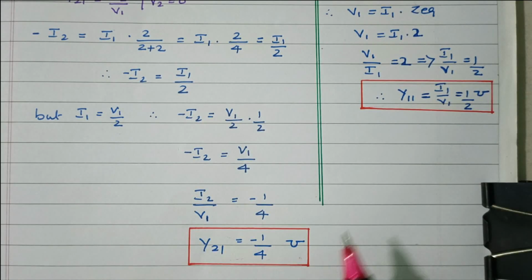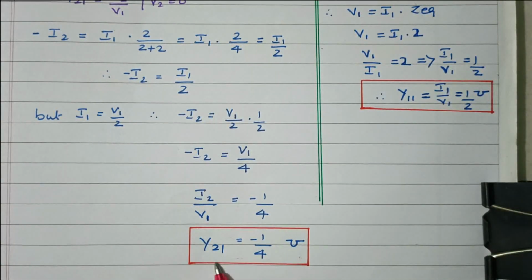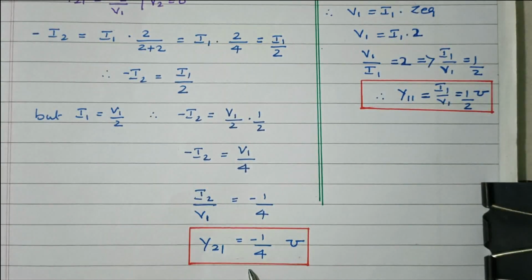By finding Z equivalent, we calculated Y11. By calculating the I2 value, we calculated Y21. So this is nothing but 0.5 mho, and this one is minus 0.25 mho. Now we'll go to the other two parameters by making the input port AA dash short circuited.